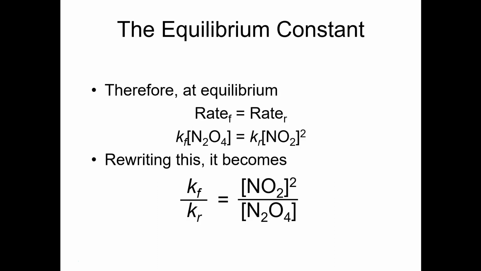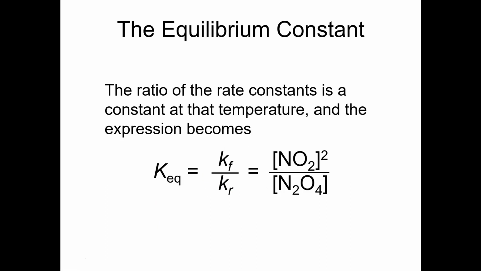So let's just go back and say we got this. We use this algebra to get this ratio, Kf to Kr. Kf times N2O4 is equal to Kr times NO2 squared. Using algebra, we get to this expression. If we define this ratio, Kf over Kr, as big K eq, then this is the equation that we get.